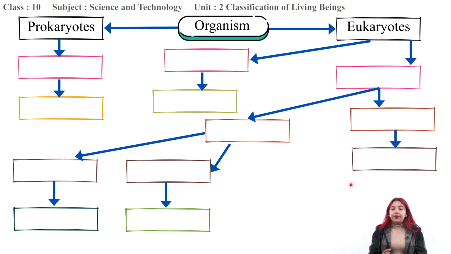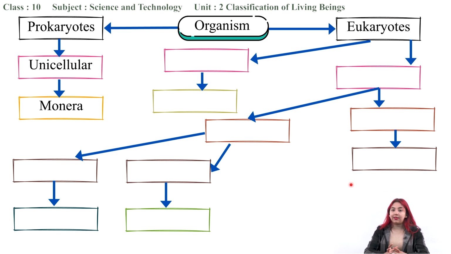Now, after that, another point was kept in mind, the complexity of the body, that is, if the body is unicellular or multicellular. So prokaryotes were unicellular, and all the prokaryotic unicellular organisms belonged to the kingdom Monera.